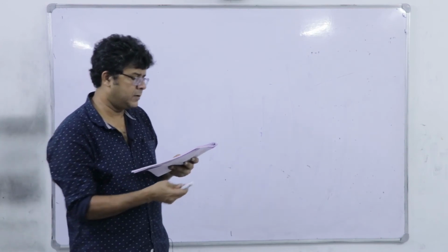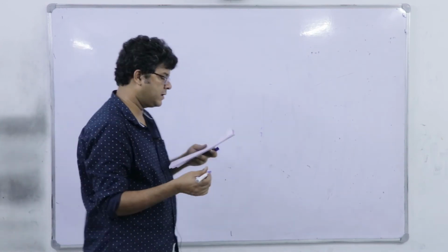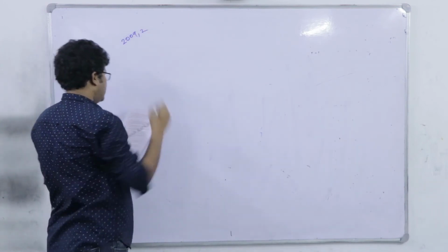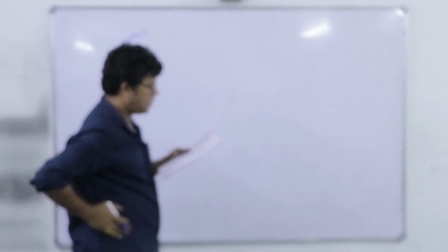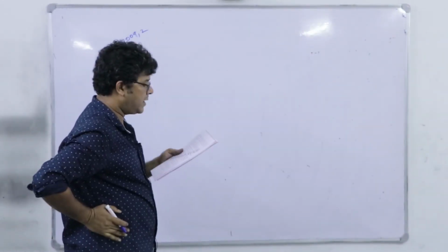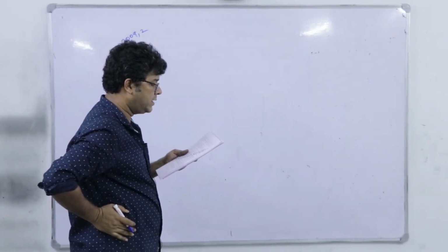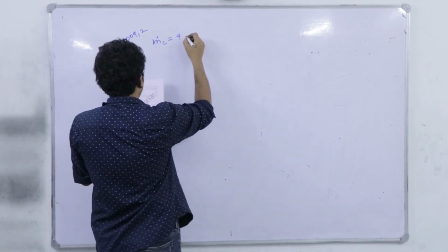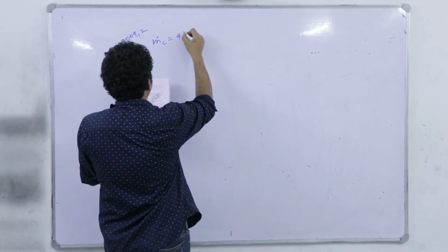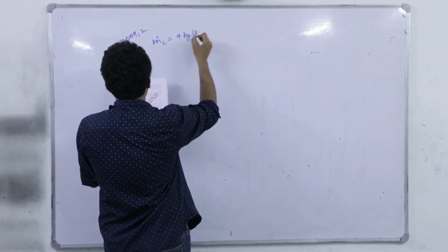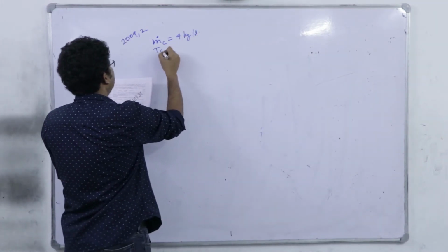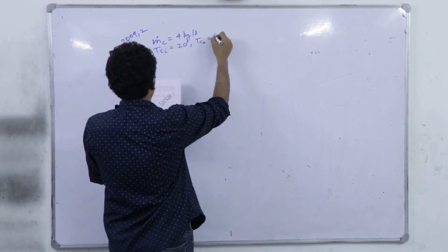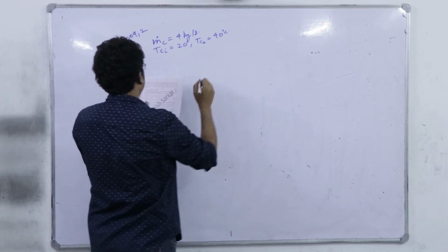See, there is a problem, a GATE 2009 problem, a 2 marks problem. A double pipe heat exchanger is to be designed to heat 4 kg per second of cold feed, m dot c equal to 4 kg per second, from TCI 20 degree to TCO 40 degree, right.